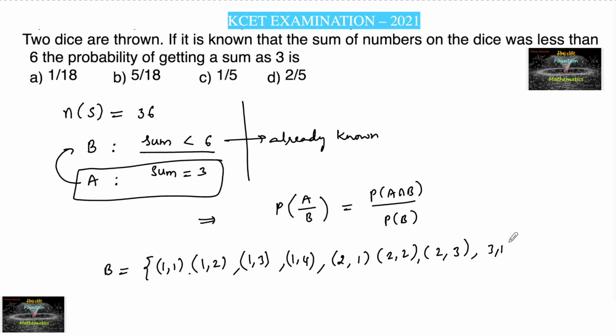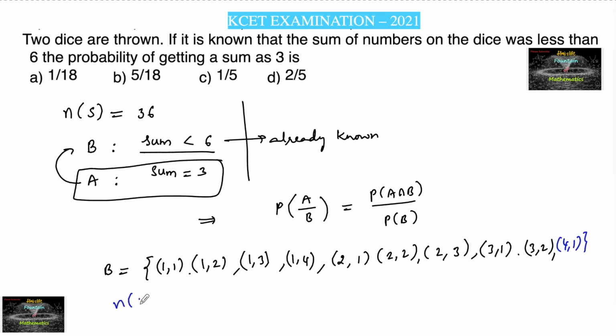Next 3 comma 1, 3 comma 2, and then 3 comma 3 is also not considered. Let's move to the next one. 4 comma 1. 4 comma 2 is not considered, 5 comma 1 also not considered. That's it. Only these are the ordered pairs. Let me write here.